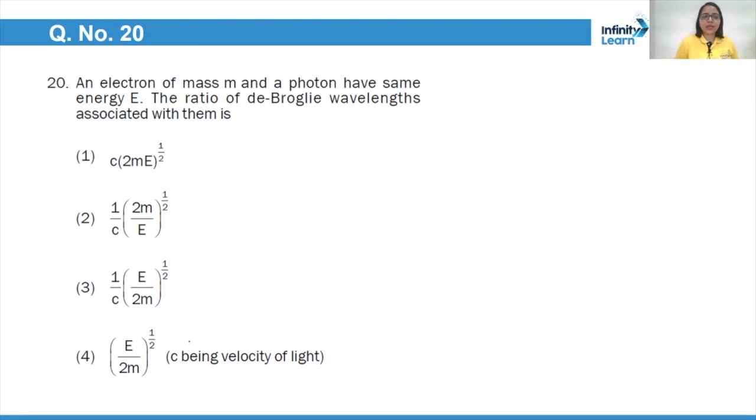Question number 20. An electron of mass m and a photon have the same energy E. The ratio of de Broglie wavelength associated with them is. So lambda of electron is given as h upon p, which is equal to h upon under root 2mE.